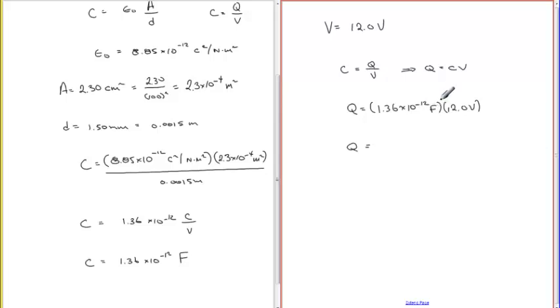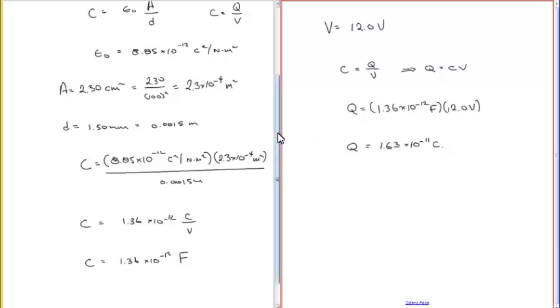And a farad is a coulomb per volt, so if we multiply coulombs per volt by volt, we get coulombs. 1.36 e to the negative 12 times 12. So we get 1.63 times 10 to the minus 11th coulombs.